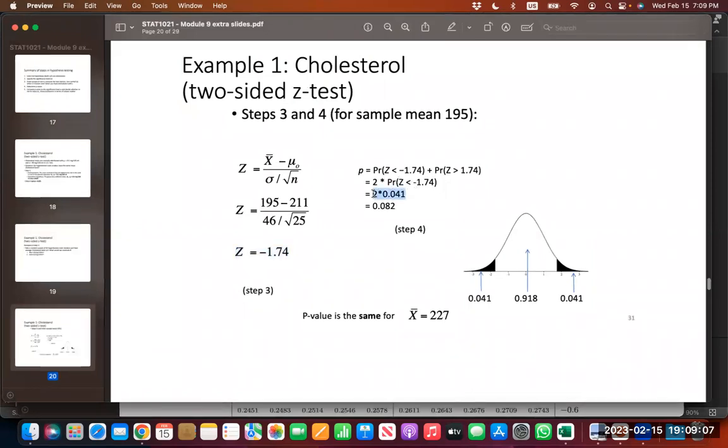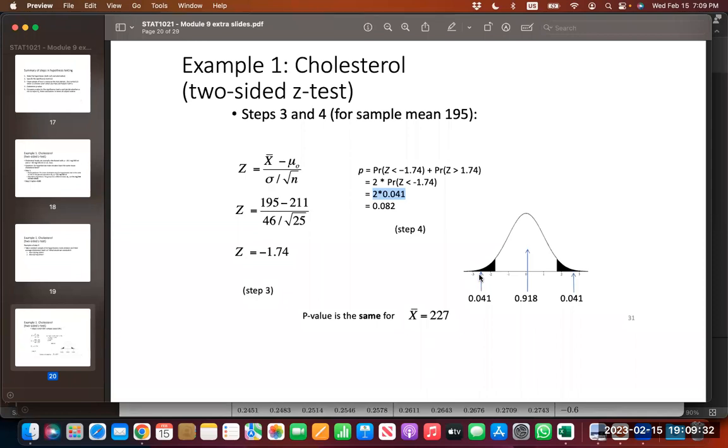It's rounded. So basically, that z-score is somewhere here and here. It's symmetric on both sides. So that accounts for the negative 1.74, and that's the definition of two-sided. So you check for both extremes. So you have minus 1.74 and plus 1.74.